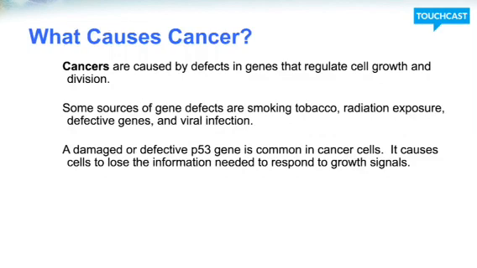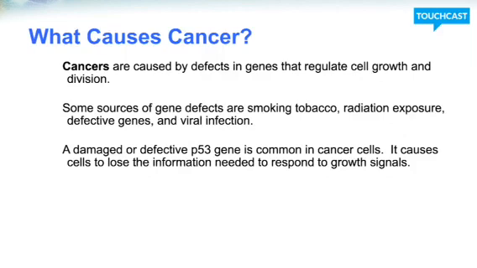Now, what can cause these genes to become problematic or defected or broken or not working is when you intake things like tobacco, cigarettes, when you smoke cigarettes, when you are exposed to radiation, when you have a virus infection. All these things can affect the genes which code for the proteins which control cell growth. When these genes are not working properly, then you will not have cell regulation working properly, and that's when you end up with cancer.